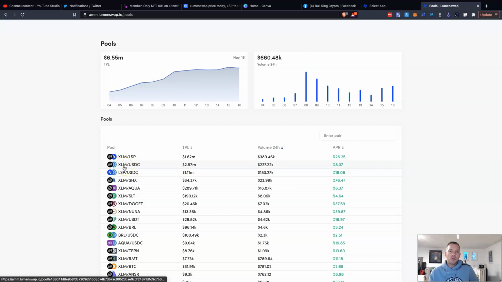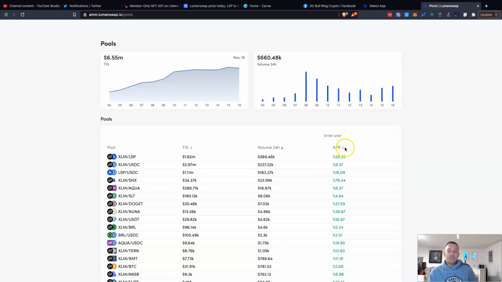There's only one coin on the Stellar Network, and that is XLM. So this is the one that we use for gas. This is the one that is the main network coin. And we are doing more volume in XLM LSP by a lot, nearly double the amount of volume over the last 24 hours, which is pretty insane.